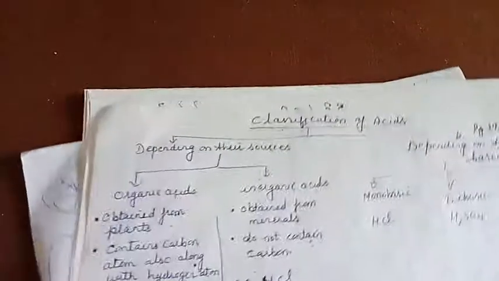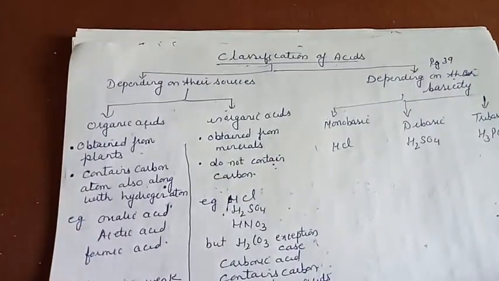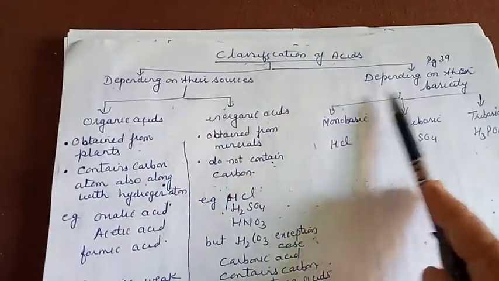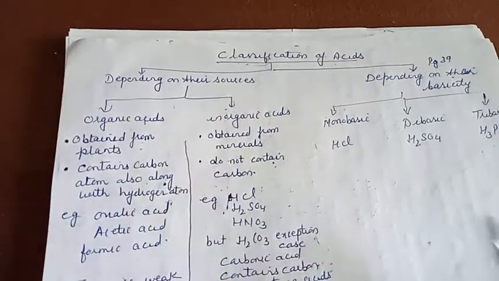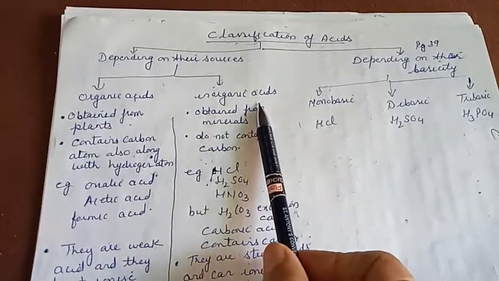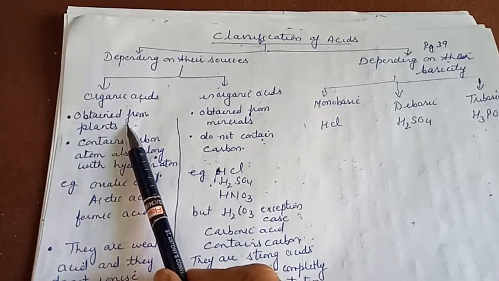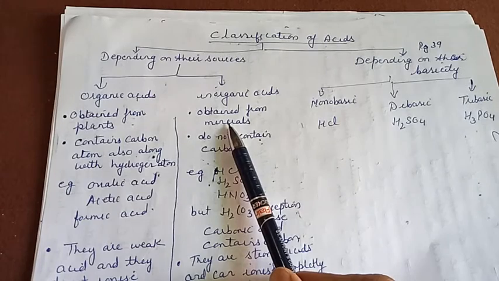And how do we classify the acids? That is, classification of acids. Acids are classified depending on their source and depending upon their basicity. Depending upon the source, the acids can be organic acids and inorganic acids. Organic acids are acids obtained from plants. Inorganic acids are obtained from minerals.